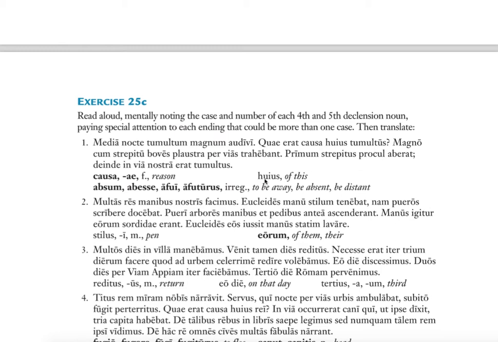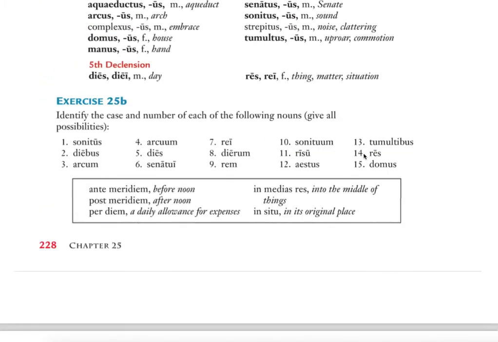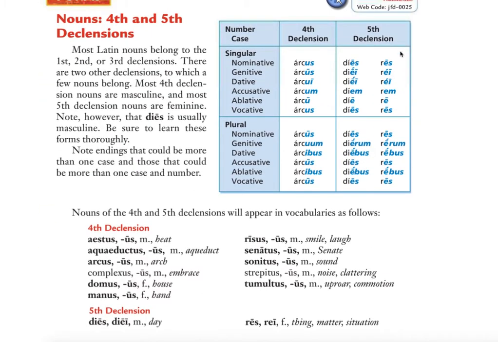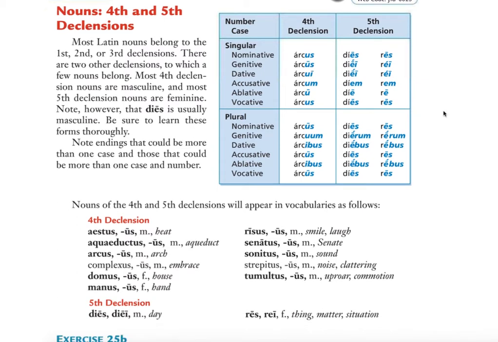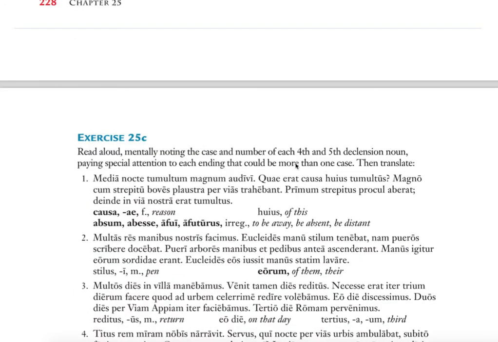Now here, huius means of this. And that's a genitive form, and it goes with this tumultus here. As I said before, if you look up here at the long us, this could be a genitive singular, and indeed here it is. So the translation here will be something like, what was the cause of this commotion?